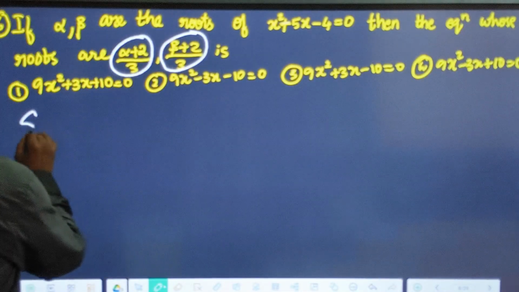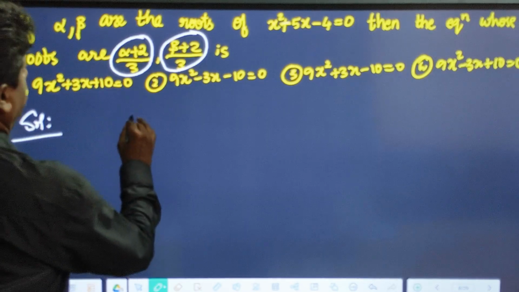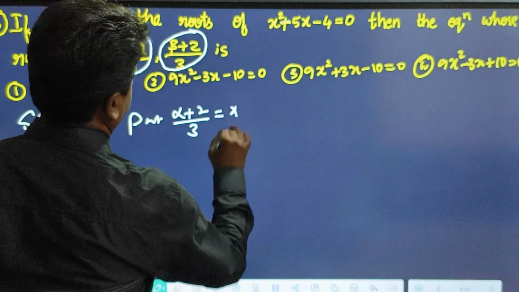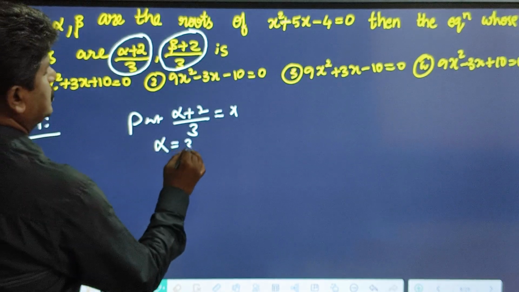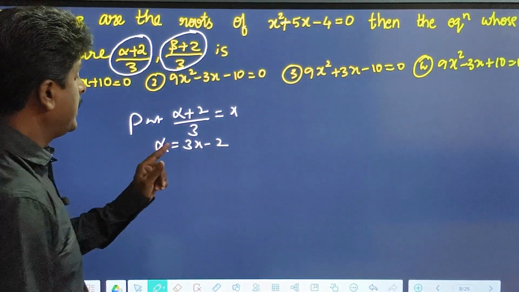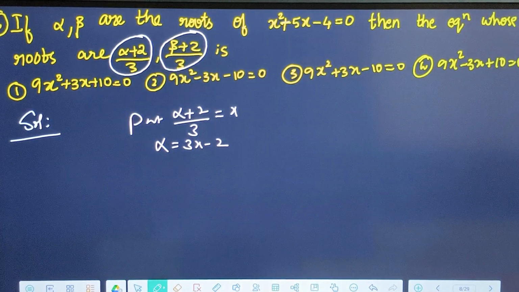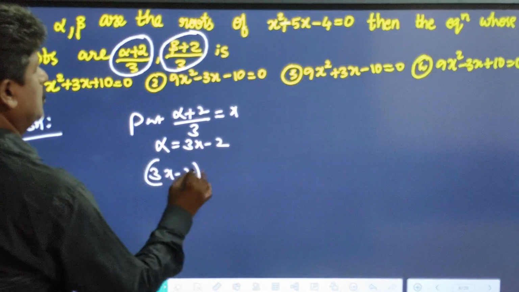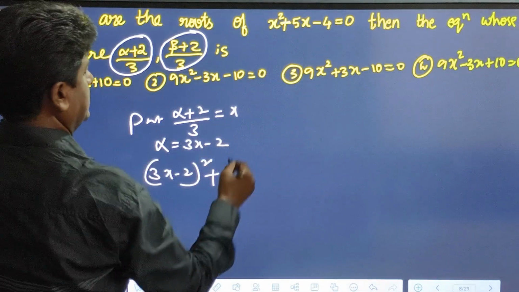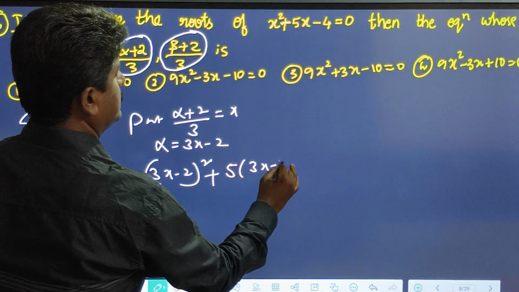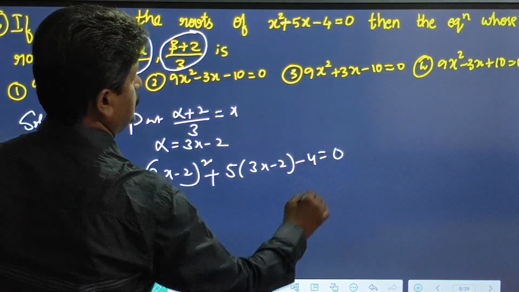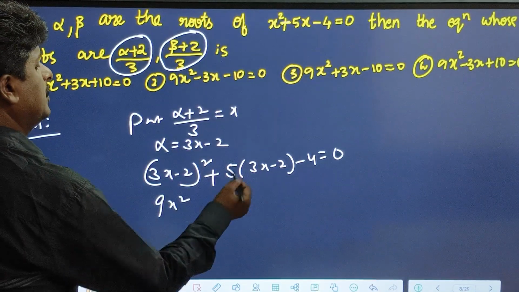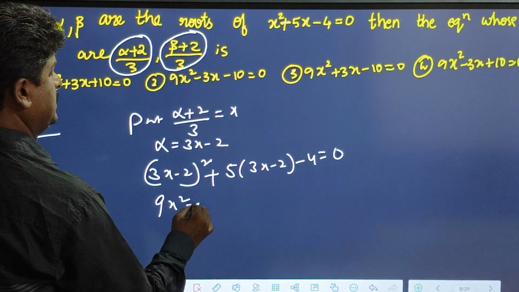put (alpha plus 2) by 3 is equal to x. So alpha is equal to 3x minus 2. Because alpha is a root of the given equation, we get (3x minus 2) whole square, substitute in this, plus 5 into (3x minus 2) minus 4 is equal to 0. 9x square minus 12x plus 4, plus 15x minus 10, minus 4.